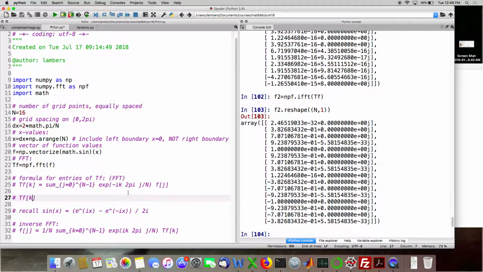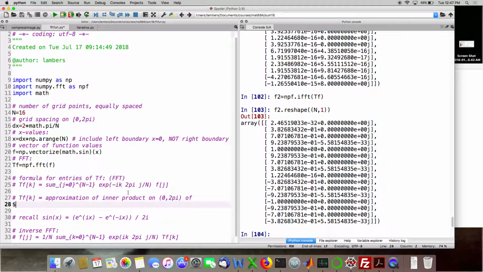TF of k is an approximation of the inner product. We think of these in terms of functions of x. So the inner product on the interval 0 to 2 pi of f of x with e to the I k x, because 2 pi j over n is equal to x sub j.